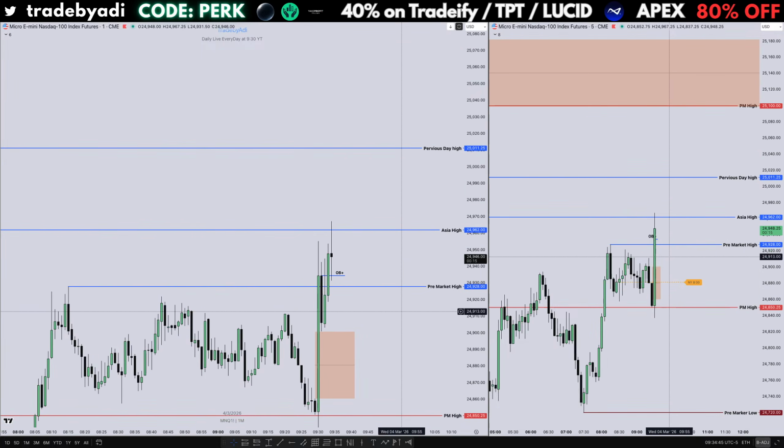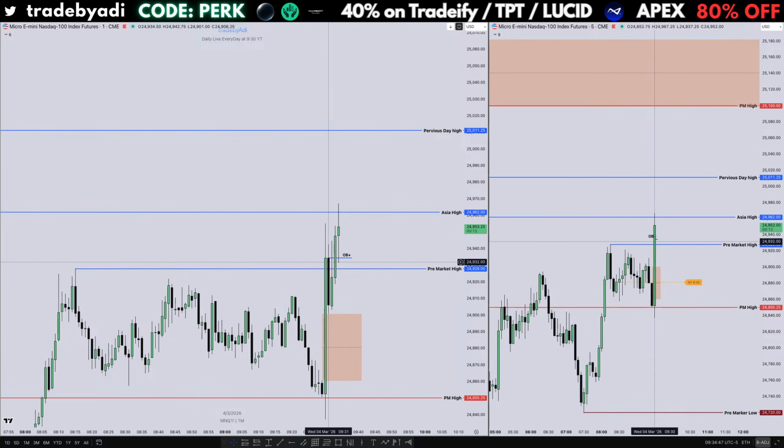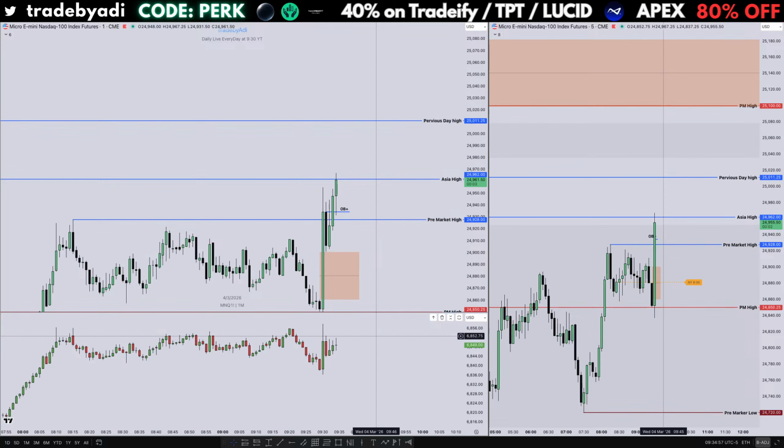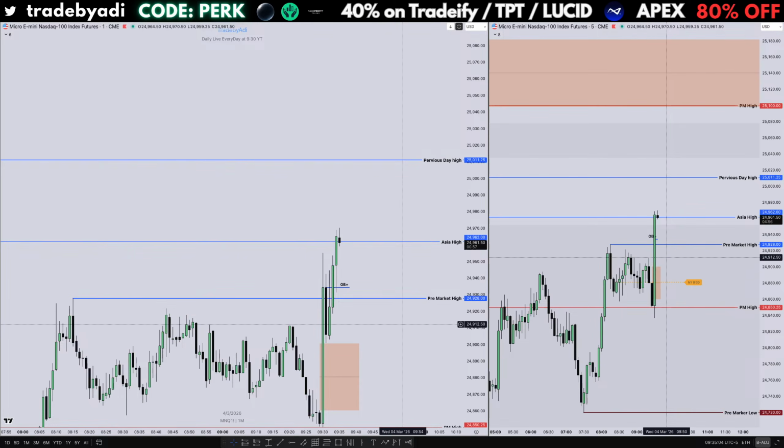But if the price was stepping to the fair value gap and creating the order block, then this order block would be the high probability order block. I will just wait for more information, because we are forming the SMT with ES right now, and also we did not create any fair value gap.